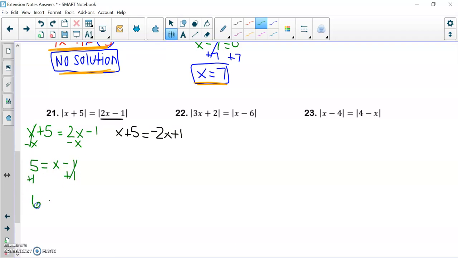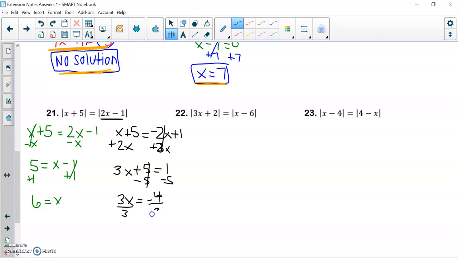So in my first one, I get x is equal to 6. In my second one, that should be plus 2x. I get x is equal to a negative 4/3.